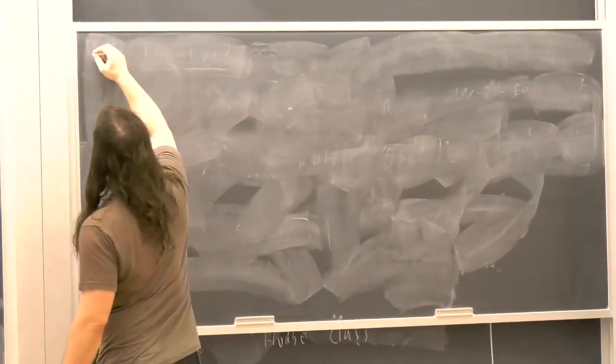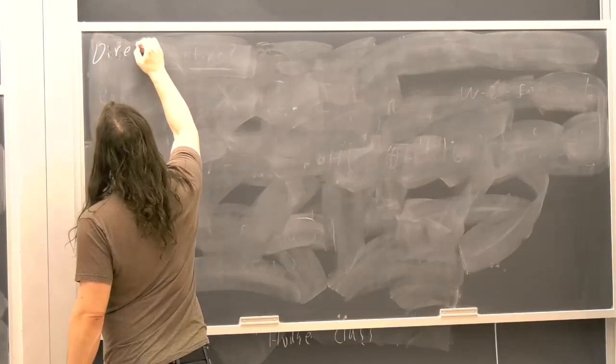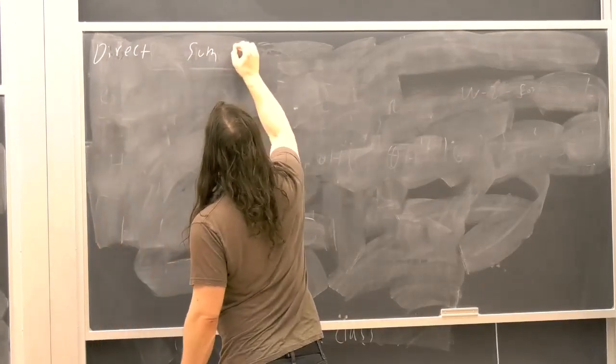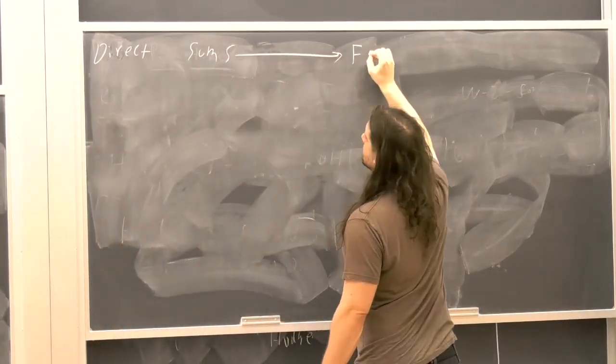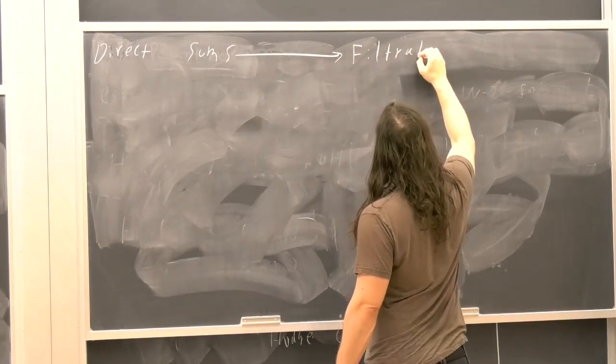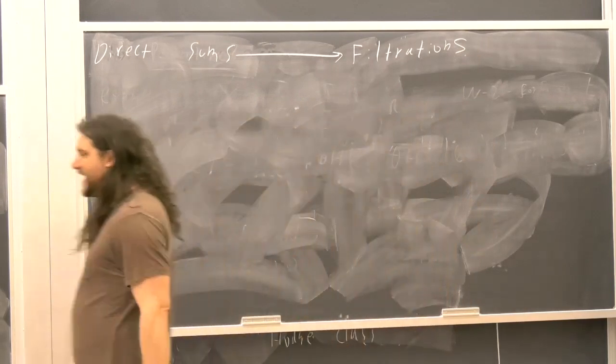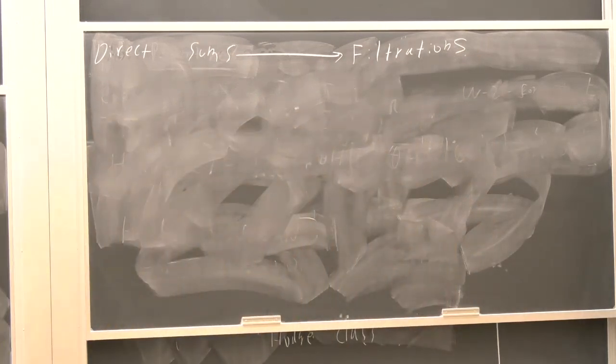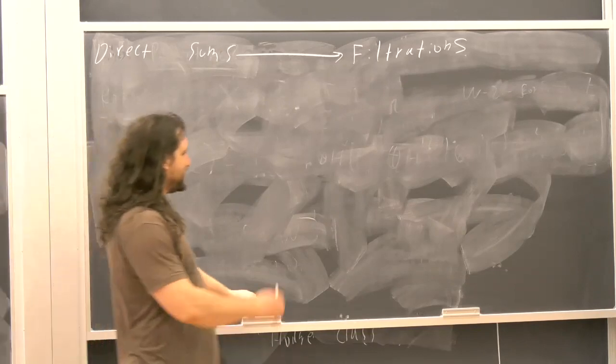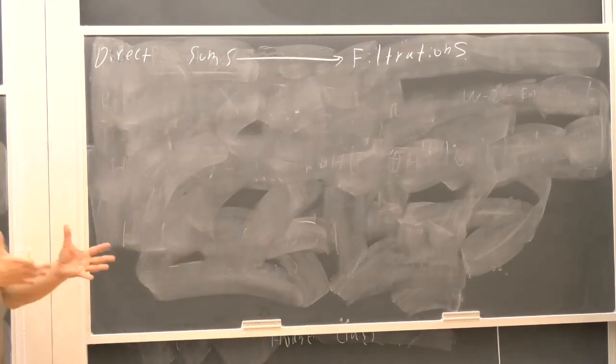Okay, so going from direct sum decomposition to filtrations. I realize this lecture has a lot of linear algebra kind of nonsense that we're doing. It will vanish starting with the next lecture. We'll focus a lot more on o-minimality, but this is important background for setting things up right.